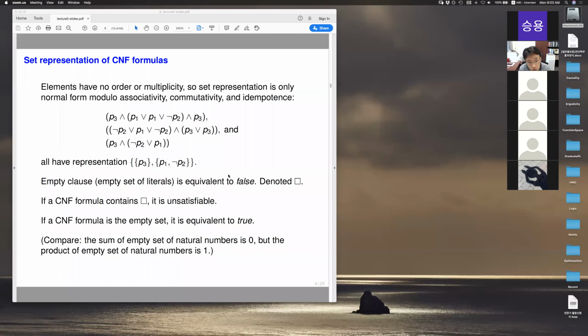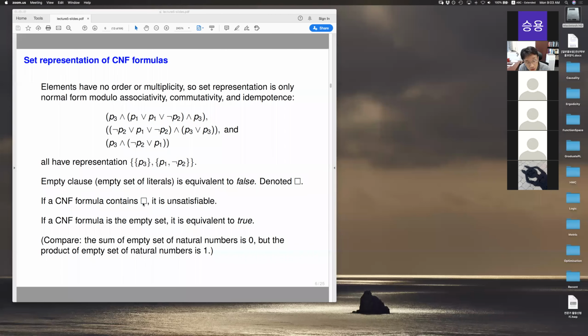One important thing that we'll see again and again in the resolution proof system is this notation, box, that represents the empty clause. If my CNF formula contains box, that means the CNF formula is unsatisfiable, because one of the clauses in the CNF formula is false.